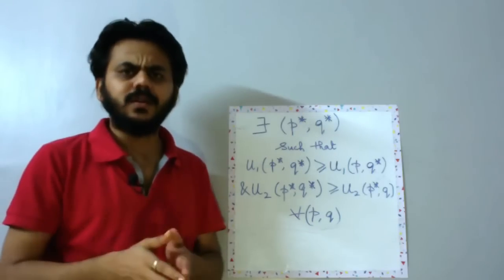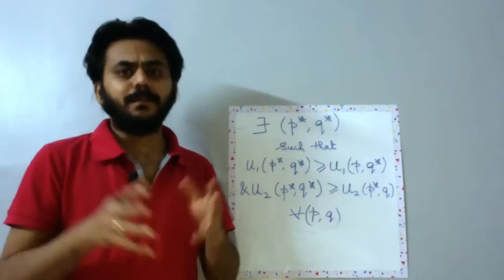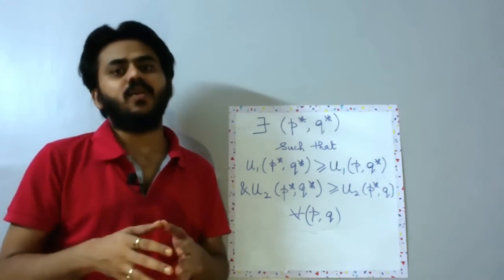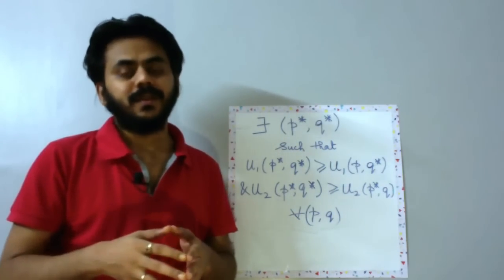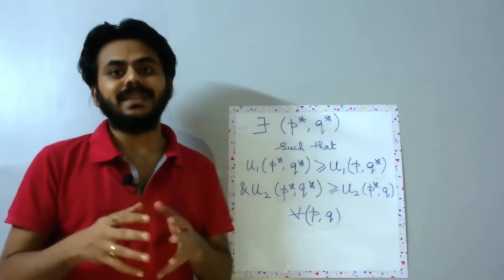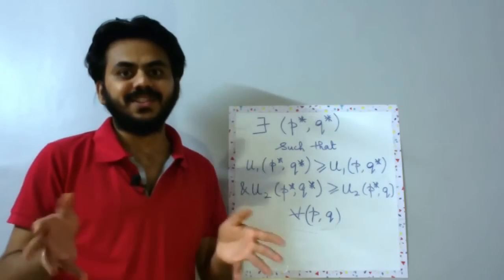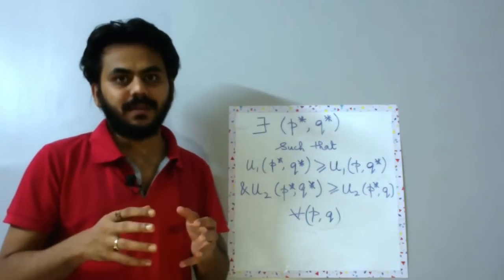And if you go into more detail, a pure strategy Nash equilibrium is a kind of mixed strategy Nash equilibrium where the probability is given all to one strategy and the other strategies are given zero probabilities.